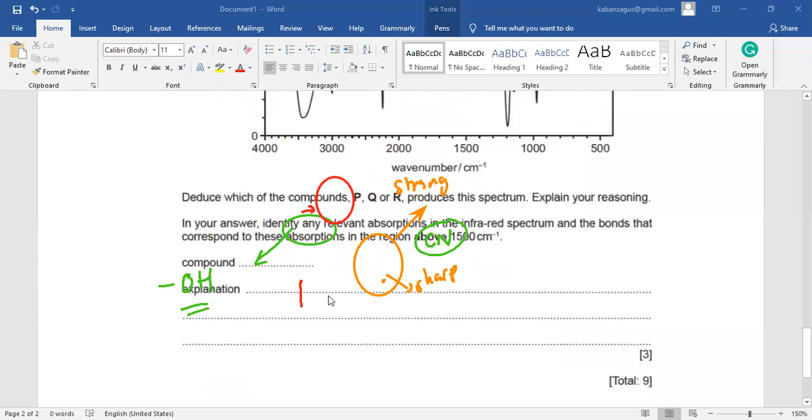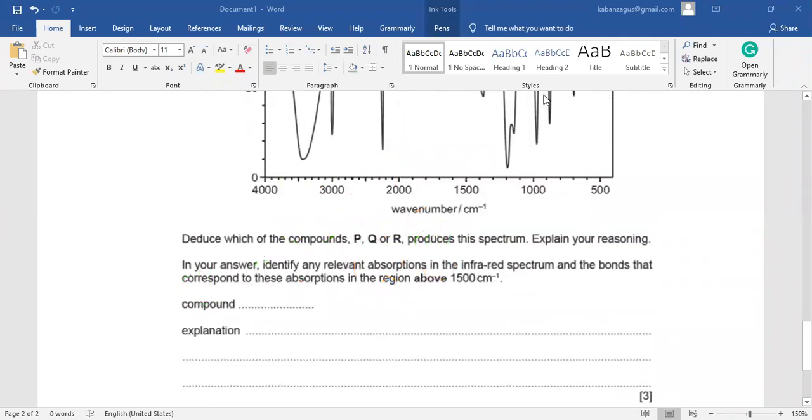All right, now I may deduce that this is compound P because we have absorption at 2250, the wave number, and we also have the CN stretch, here, stretch.